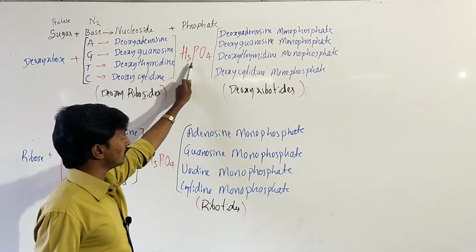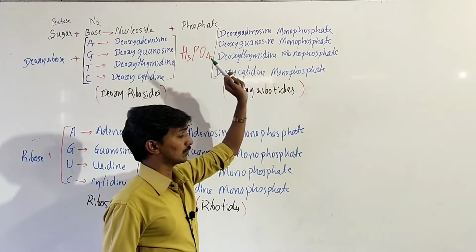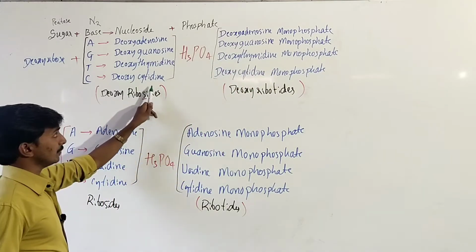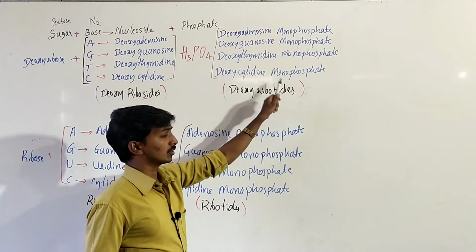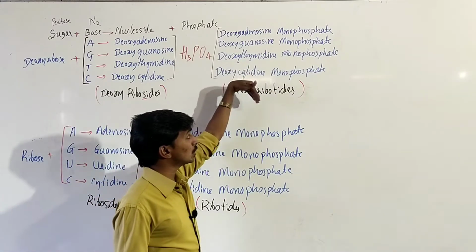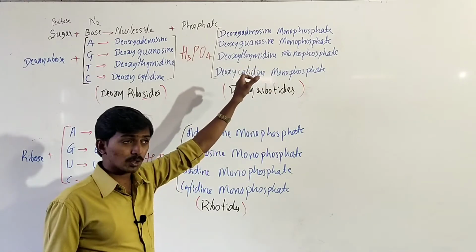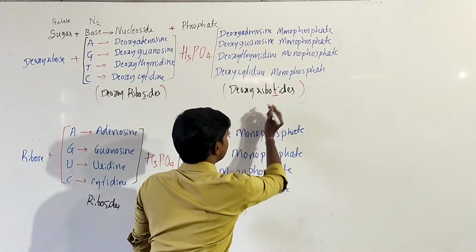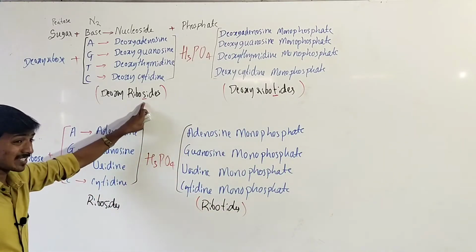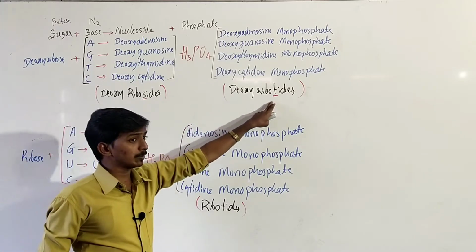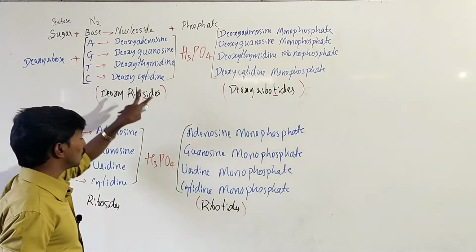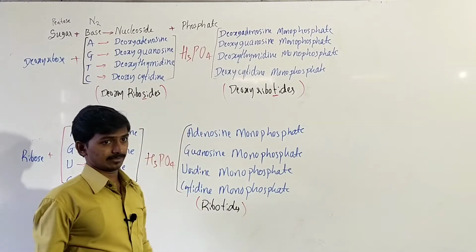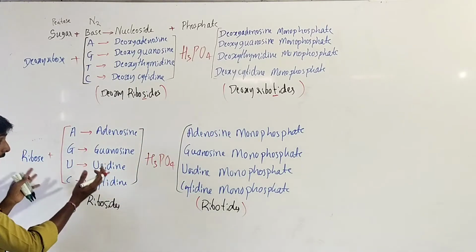Deoxythymidine plus phosphate, deoxythymidine monophosphate. Deoxycytidine plus phosphate, deoxycytidine monophosphate. These are the nucleotides of DNA, also called deoxyribotides. Here you see the words deoxyribosides for nucleosides and deoxyribotides for nucleotides.